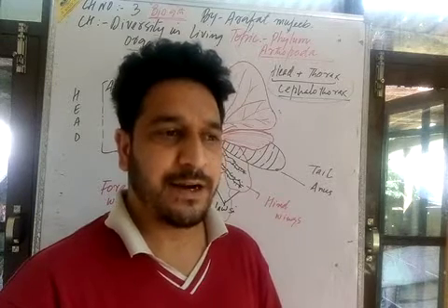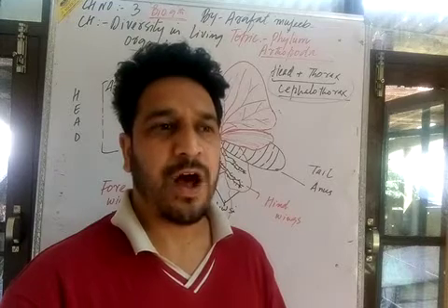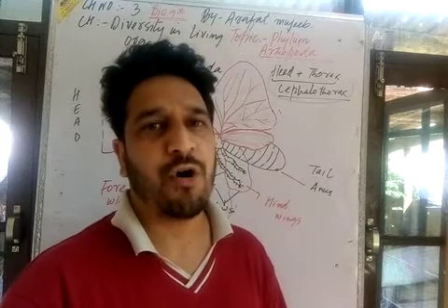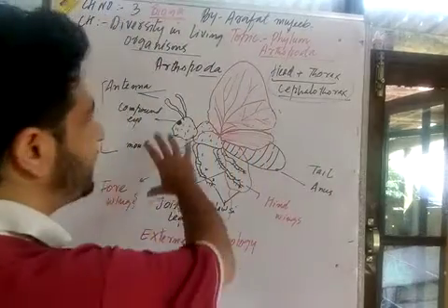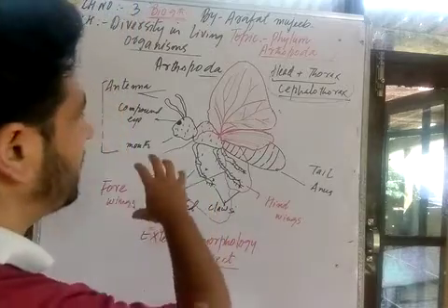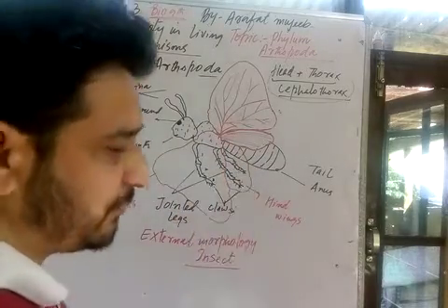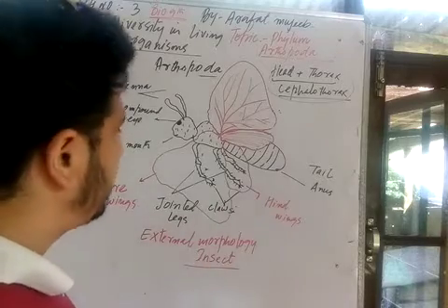How is the body of an insect designed, and how can we study its morphology? With the help of a diagram, I will tell the body parts, the external morphology in an insect.